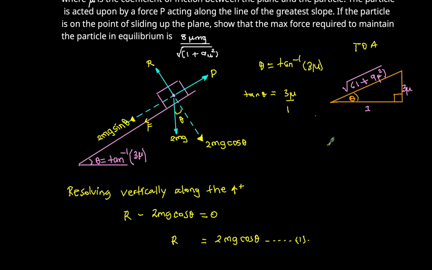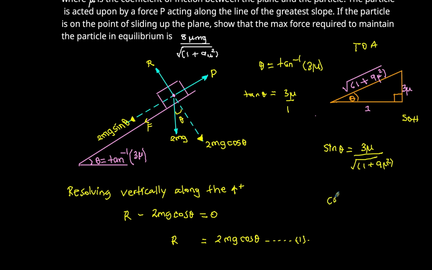So sine theta is opposite over hypotenuse, which is 3 mu over root of 1 plus 9 mu square.